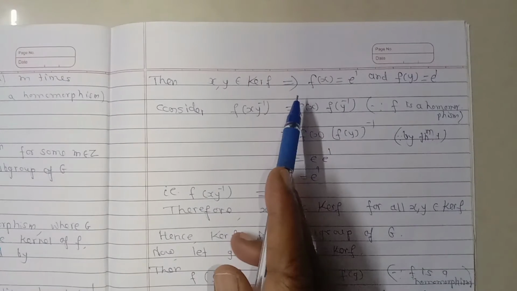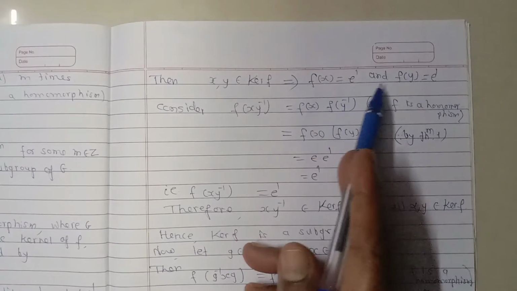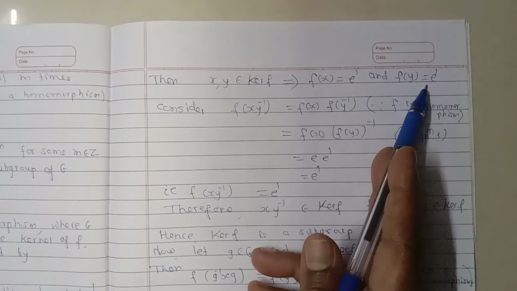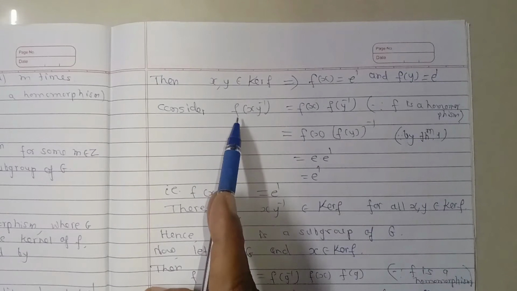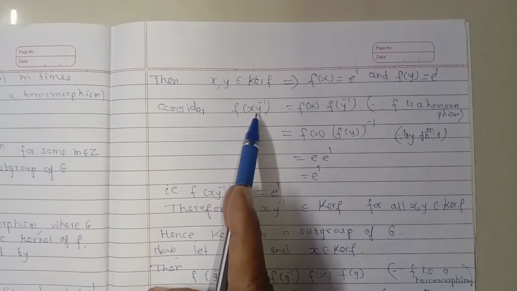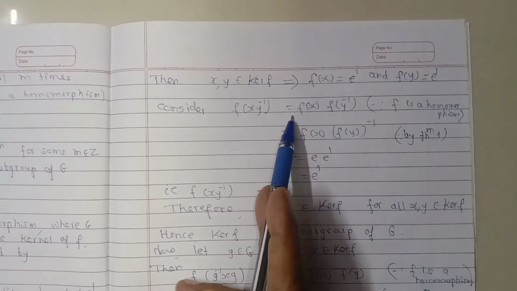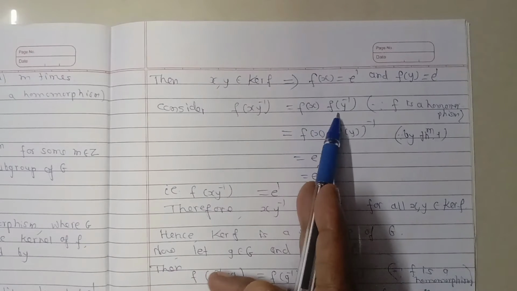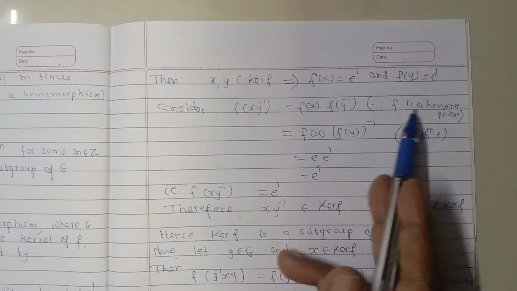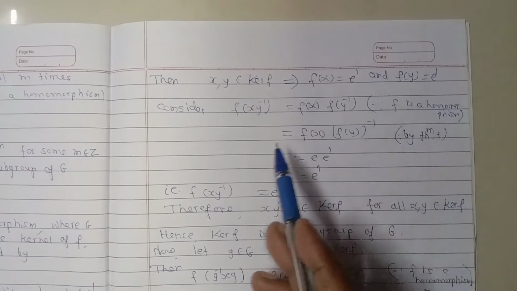Then x, y belonging to the kernel of f implies f(x) equals e dash and f(y) equals e dash. Consider f(xy inverse), which equals f(x) into f(y) inverse, since f is a homomorphism.